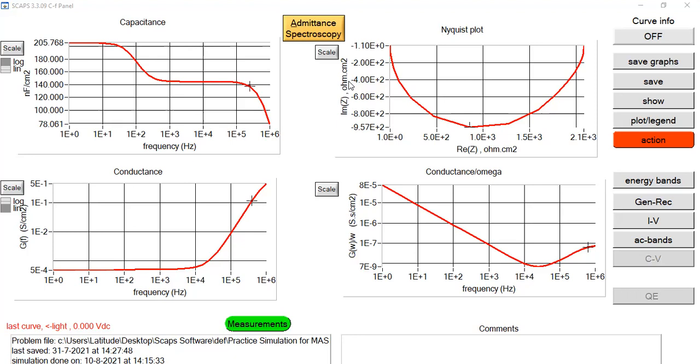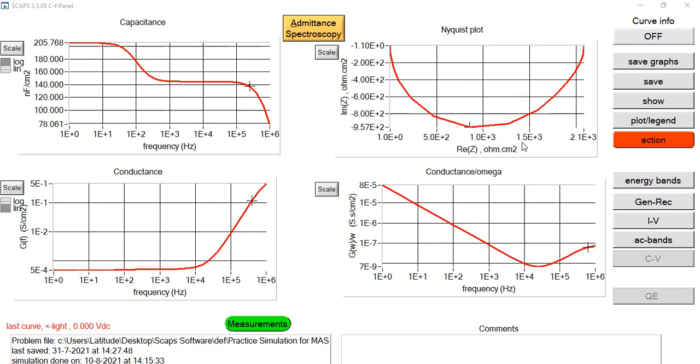When we compute a Nyquist plot, we will always have the same bell shape or rounded shape graphical representation. There will be two quantities, the real impedance and the imaginary impedance. The real impedance will be along the x-axis and the imaginary impedance will be along the y-axis, because the imaginary impedance will have a negative value and the real impedance will have a positive value.